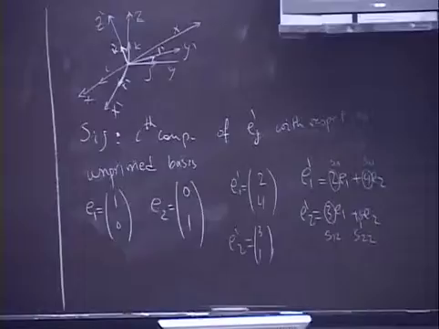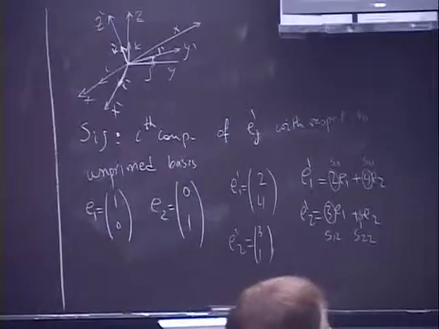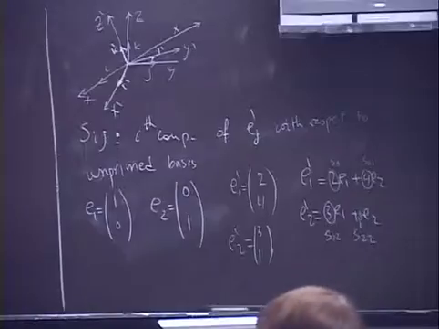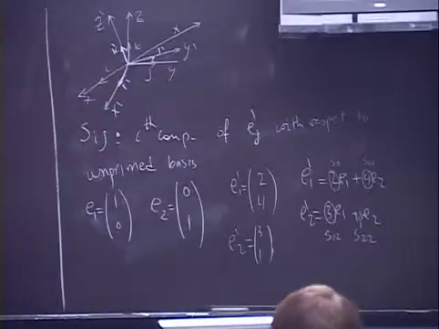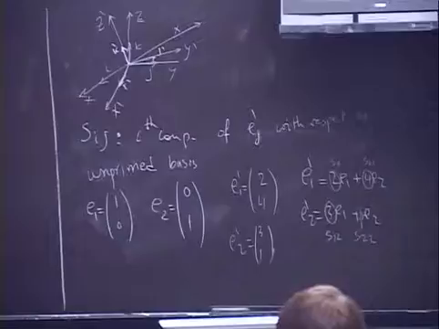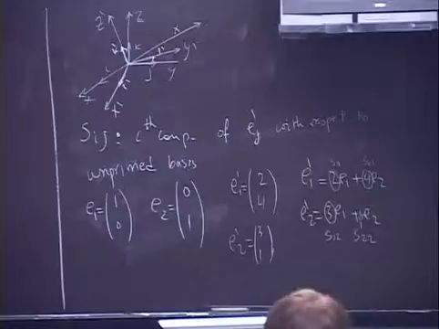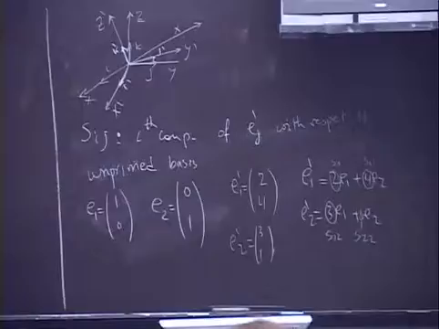This is just a simple manipulation. So now, why are we going through all this? We want to know how to transform our base vectors from one coordinate system to the other, or from one set of bases to the other. Okay, guys?